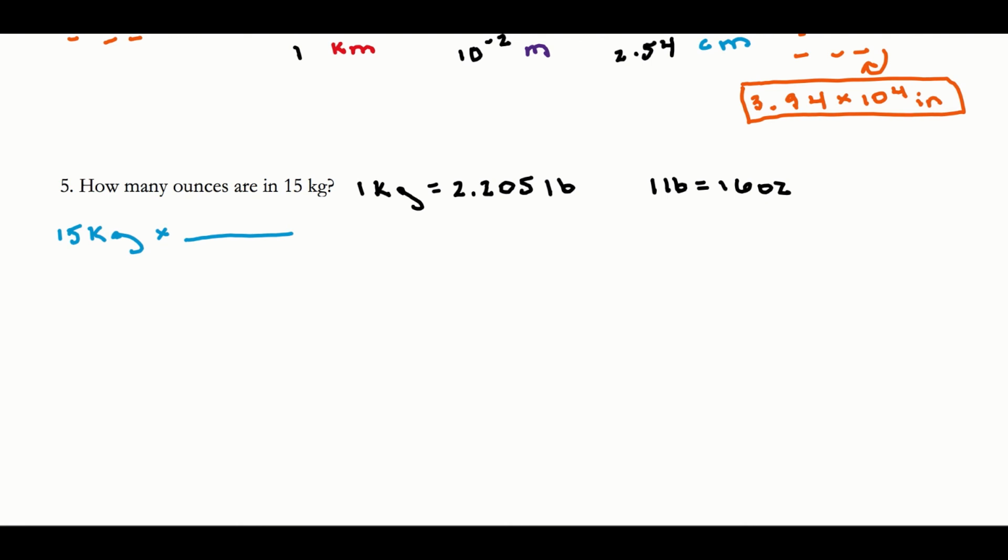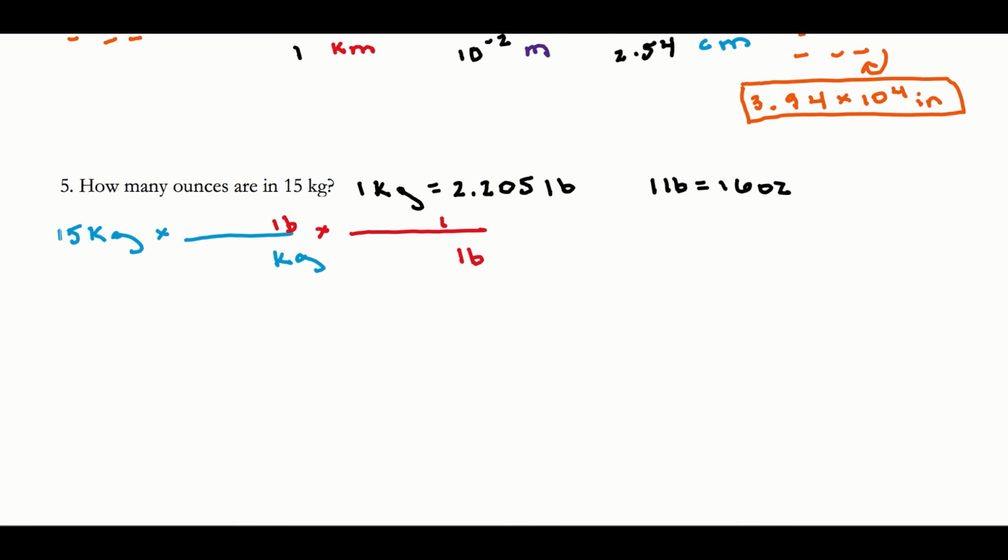Okay, so let's plug in everything. Kilograms go on bottom. I can't get into ounces yet. I need to go from kilograms. Now I can first get into pounds. But I don't want to stay in pounds. I want to get into ounces.